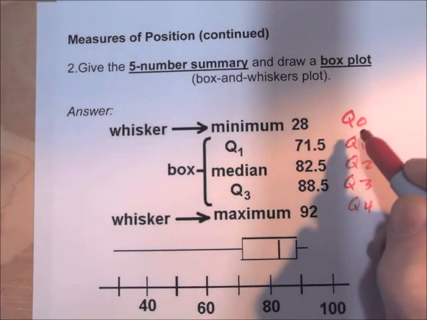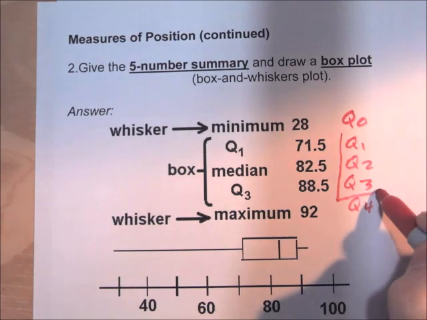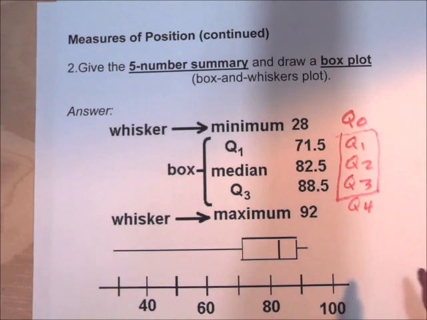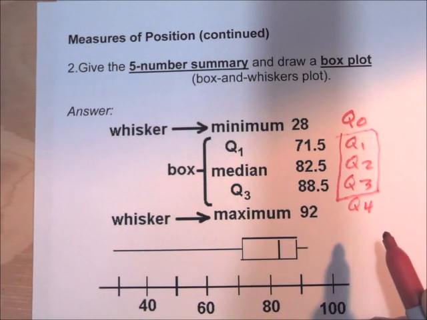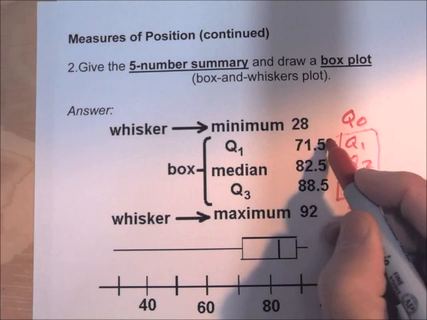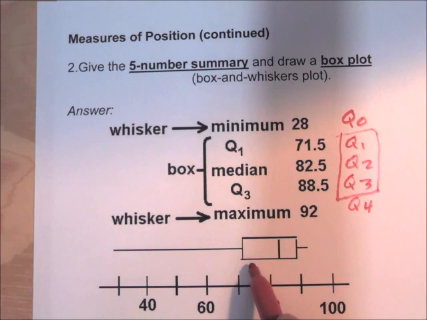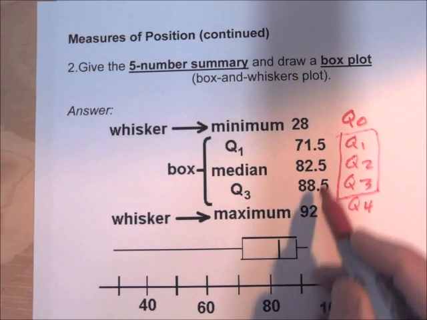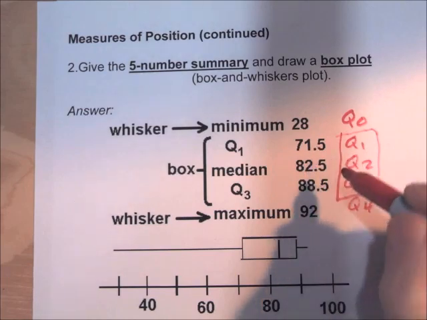So we want to make a box going from Q1 to Q3, and the whiskers go out to Q0 and Q4. So these numbers here are the box. It's 71.5 up to 88.5. That's the box.